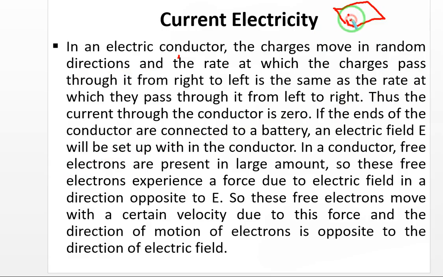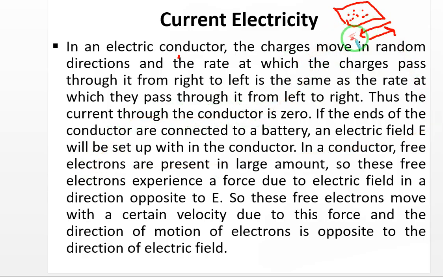The charge is moving randomly, positive to negative, negative to positive, and there will be collisions. The rate at which the charges pass from right to left is the same as the rate at which they pass from left to right. Thus the current through the conductor is zero.